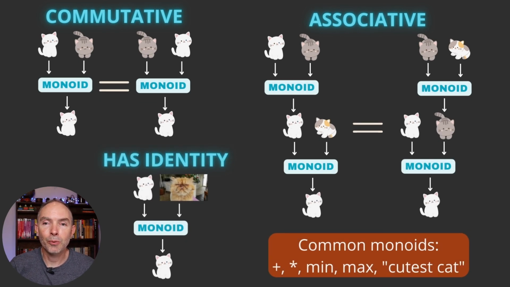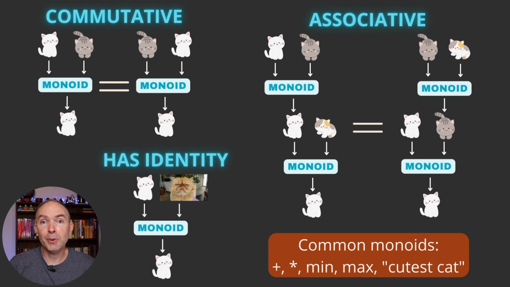In GraphBLAS, we only really care about commutative monoids, which means that the argument order doesn't matter. Monoids are also associative. Given three inputs, white cat, tabby cat, and calico cat, we can process them in any order and we'll always get the same results. A monoid also has an identity value. When the identity value is used with any other value, the monoid will return the other value.